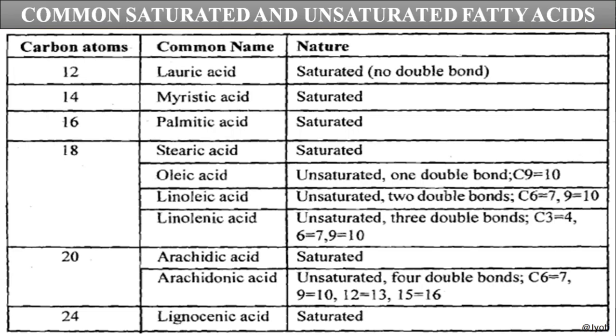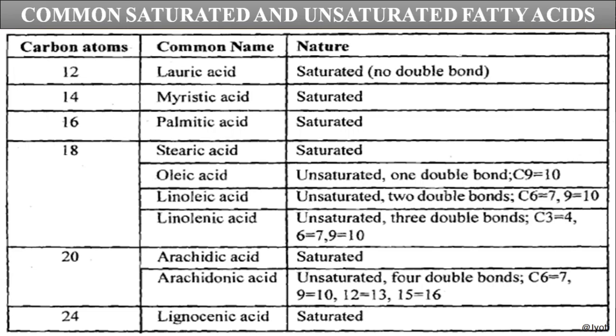Stearic acid, oleic acid, linoleic acid and linolenic acid all have 18 carbon atoms, but out of them only stearic acid is saturated, and oleic, linoleic and linolenic acid are unsaturated. The position of the double bond is also given here, but that is not required for you, that is required for higher classes.